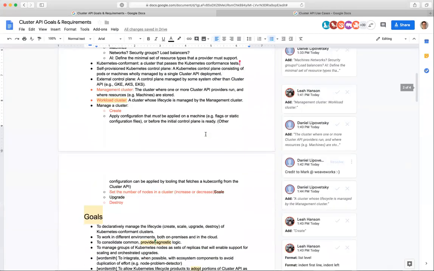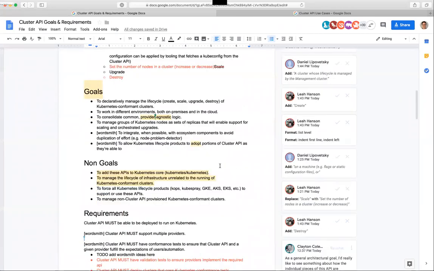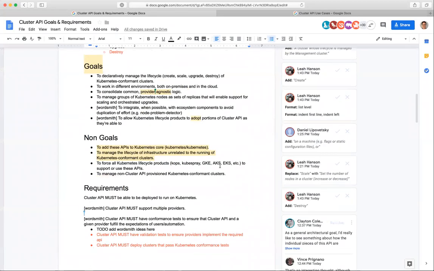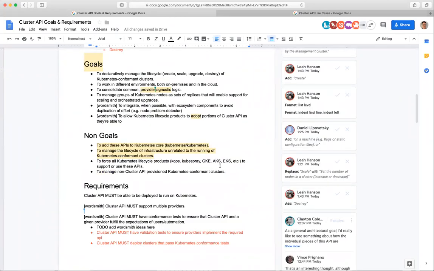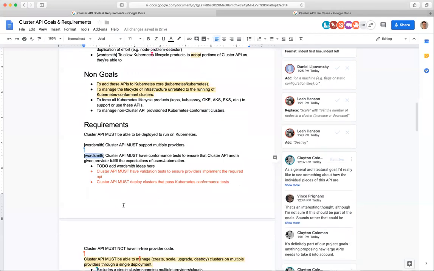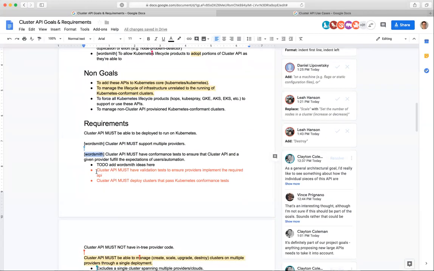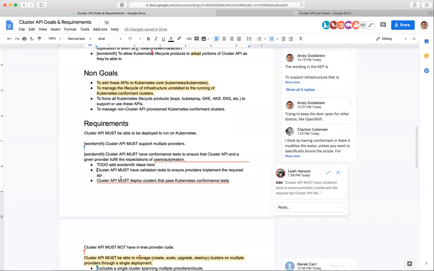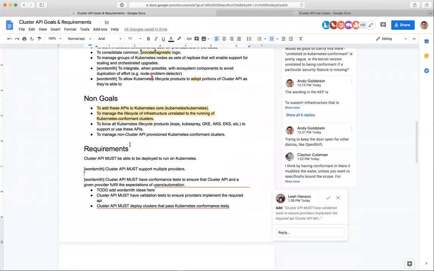We have been going through the goals, non-goals and requirements, and there are places where we have "wordsmith" written in front of something, and that's where we've discussed it. We understand the intent, but the wording might not be great. So what we'd recommend is that you go into suggesting mode and add some bulleted ideas for how you might reword either the goals or requirements or phrasing.